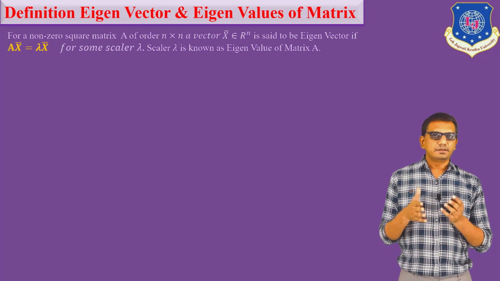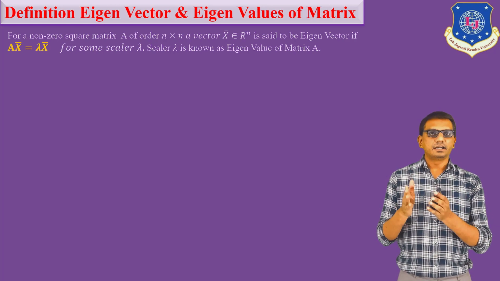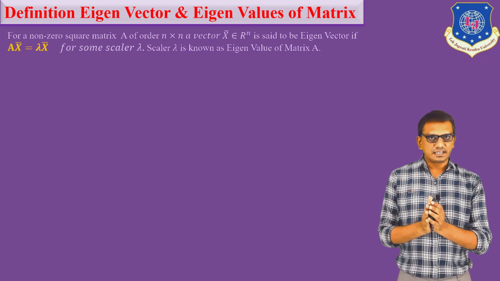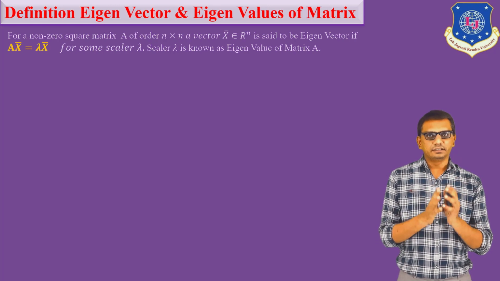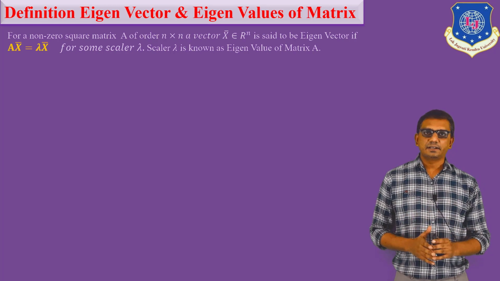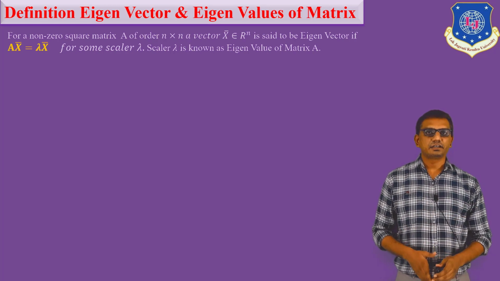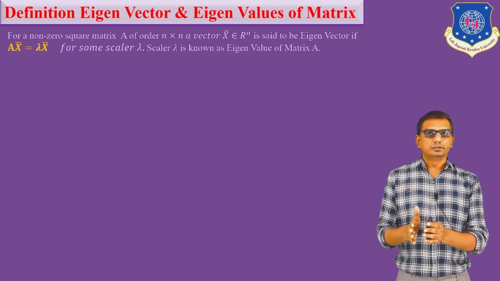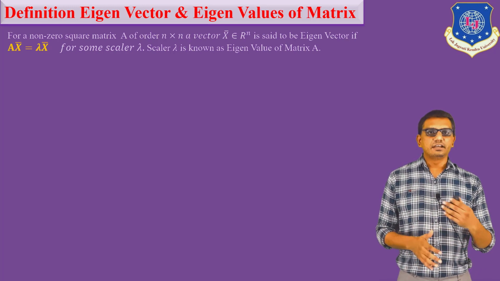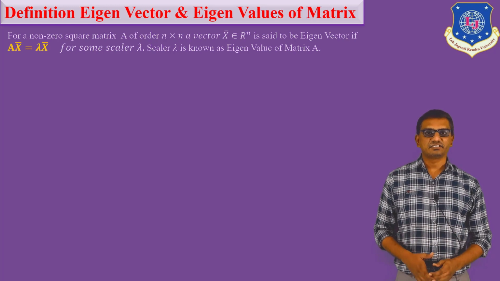That means if we multiply x bar with matrix A, we get the same vector with some multiple. In this case we can say that x bar is an eigenvector for the matrix A and the corresponding scalar value lambda is called the eigenvalue for matrix A.